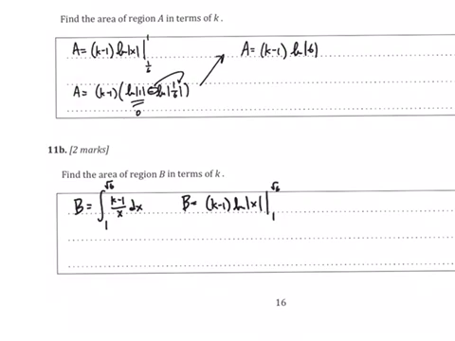Let's evaluate this. B would equal k minus 1 ln of root 6 minus ln of 1. We know from earlier that ln of 1 is 0, so I get k minus 1 ln of root 6.